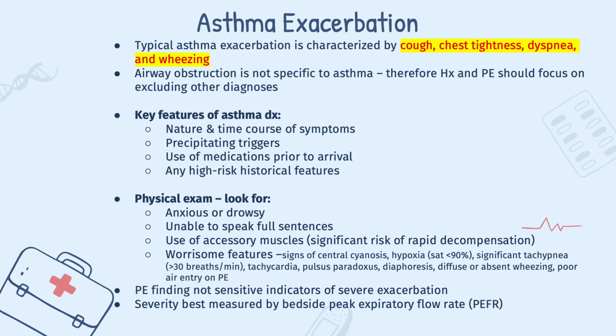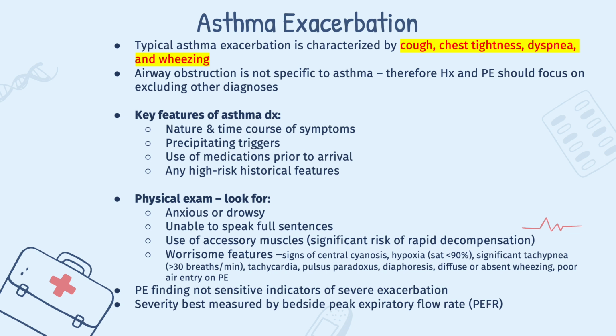Key features of asthma diagnosis are understanding the nature and time course of the symptoms, knowing any precipitating triggers, and use of medications prior to arrival. So how often were they taking their rescue inhaler? And then any high-risk historical features, as I mentioned before. I really want to know if they've had any previous hospitalizations from asthma exacerbations and whether there were any previous intubations. That's going to be really critical.